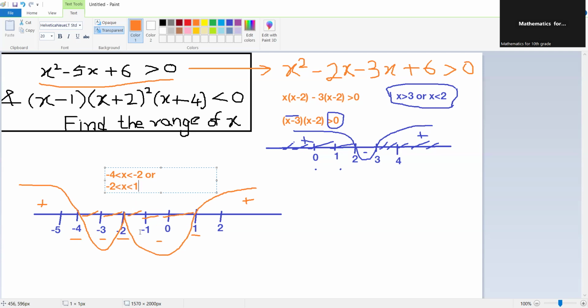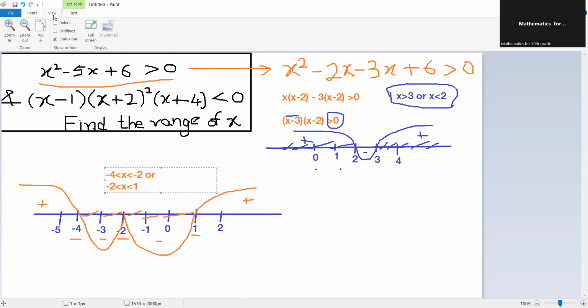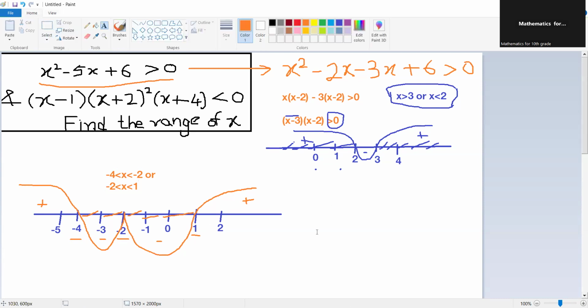And here the -2 is not included. So -4 less than x less than... So the common thing between these two is -4 to 1, excluding -2, because this range comes somewhere here.